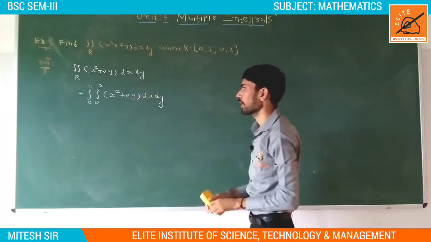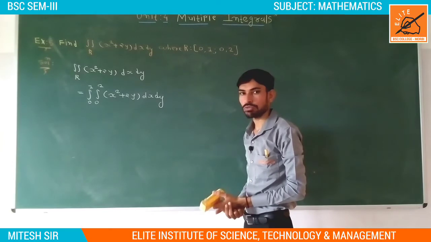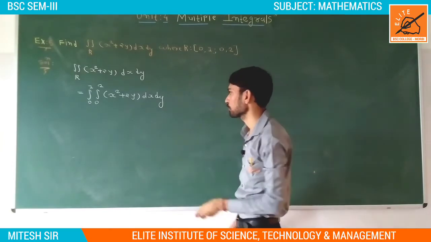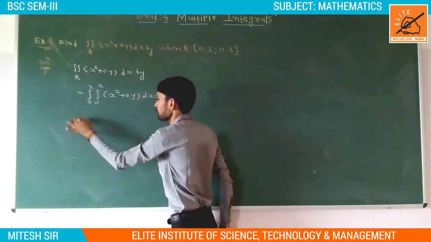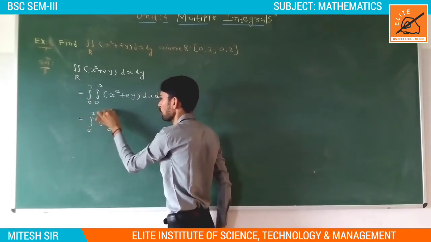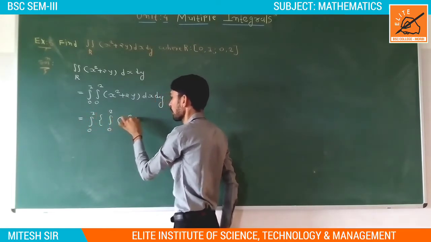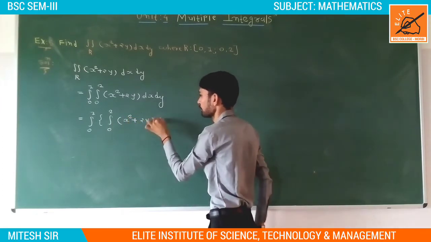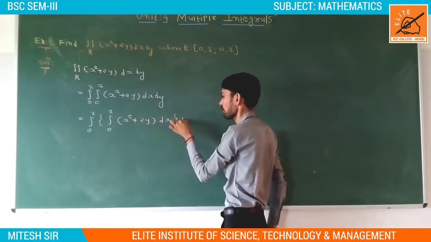So as we know, we can do integration with respect to x or with respect to y as per your choice. So here we are doing, as it is, integration 0 to 1 in a bracket integration 0 to 2 of x square plus 2y dx dy.